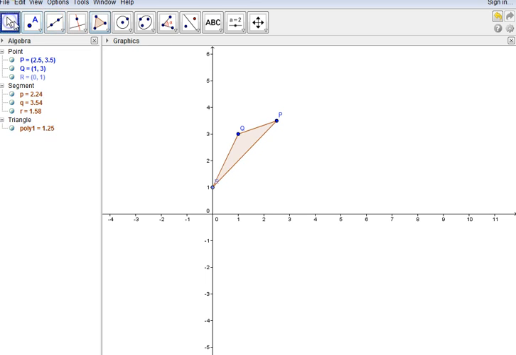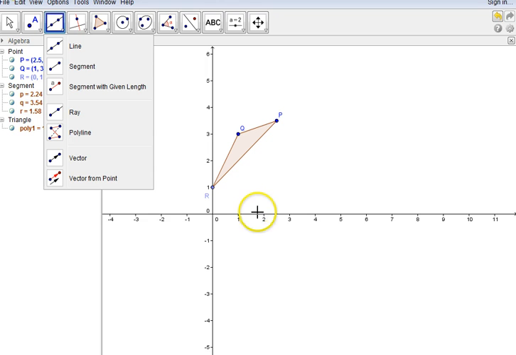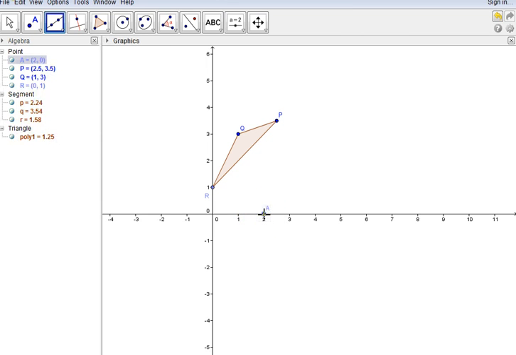And let's create the line of reflection so that we can reflect PQR to get P prime, Q prime, R prime. So my line goes through the point 2, 0, check the textbook, and also goes through the point 3, 2. Oh, that looks like it's about here.